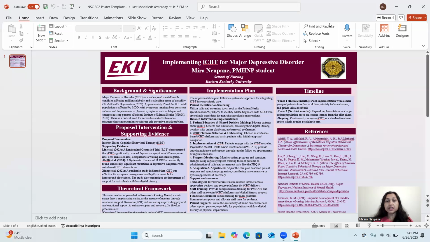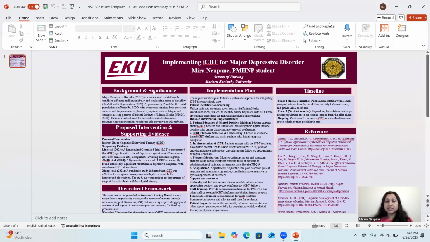Detailed interventions are, first, we need to educate the patient and share decision making. Educate the patient about the internet-based cognitive therapy benefits and limitations, assessing their digital literacy, comfort with the online platform, and their personal preference.